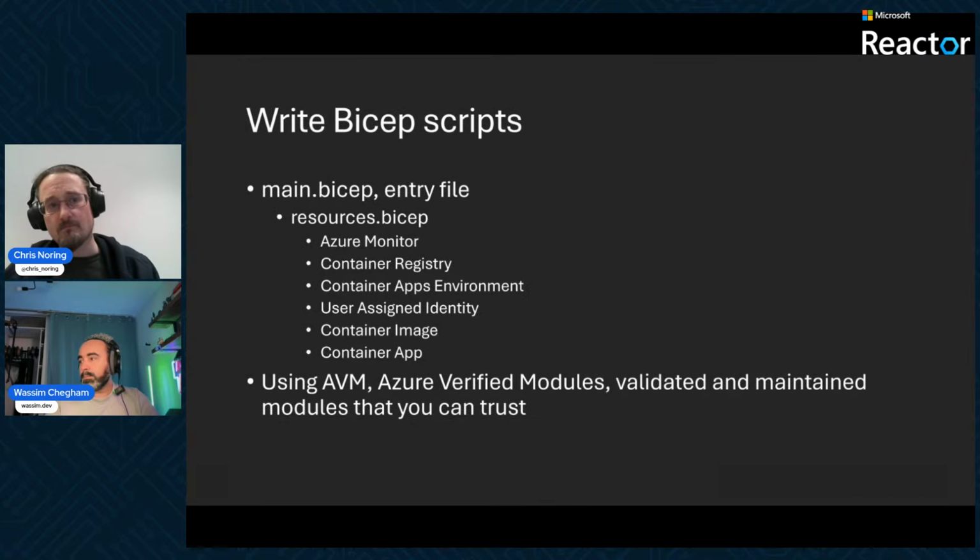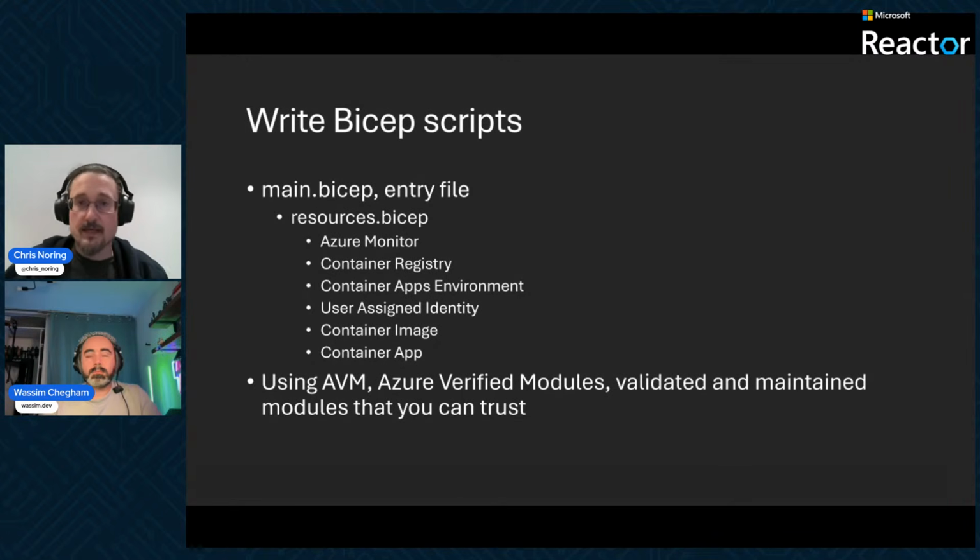Now, when it comes to writing Bicep scripts, if you've never heard of Bicep before, this is one of two dialects supported by the Azure Resource Manager, or ARM, engine on Azure. That means that you can specify your cloud resources in text files. You can send that into our engine, and we end up updating or creating cloud resources.